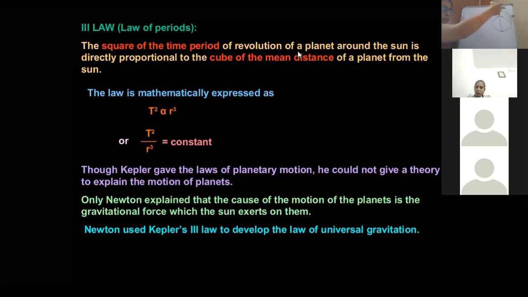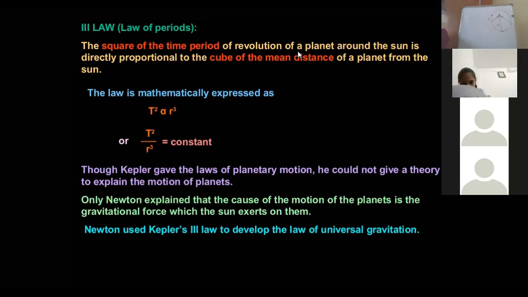So how can we get the average value of the distance between the sun and the planet? For that, we will find the mean of the distance. And you know how to calculate the mean: summation of all the observations divided by the number of observations. Let the mean distance between the sun and any planet be equal to R.